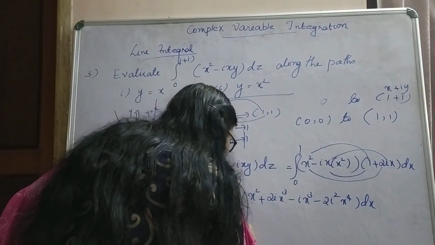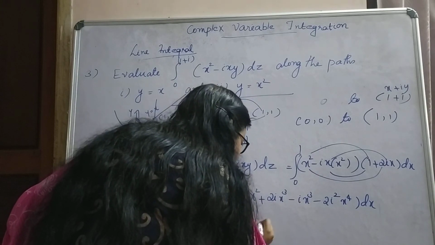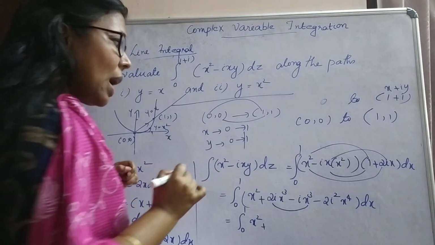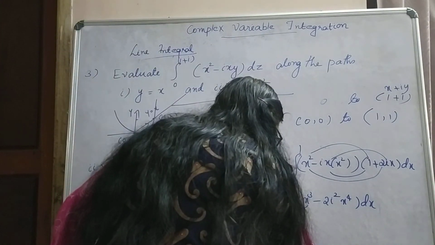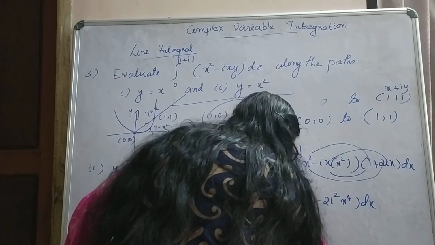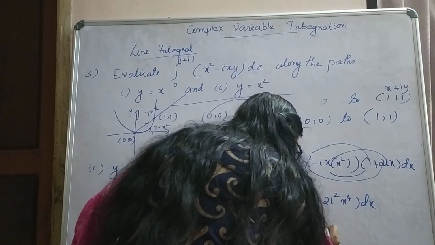Here it is integral 0 to 1 of x square plus, 2ix cube minus ix cube is ix cube, and i square is minus 1, that is plus 2 x raised to 4 dx.